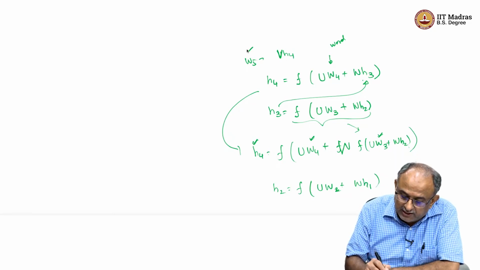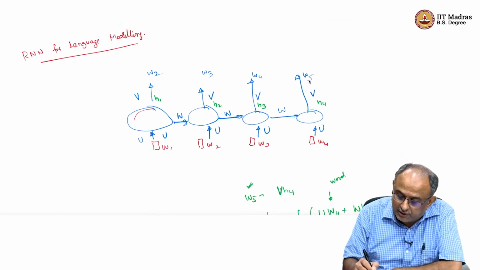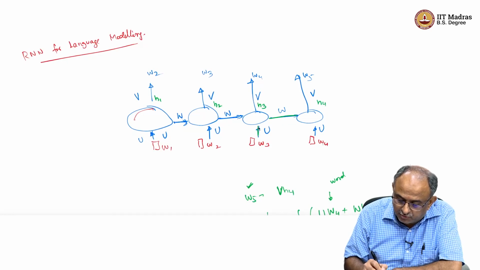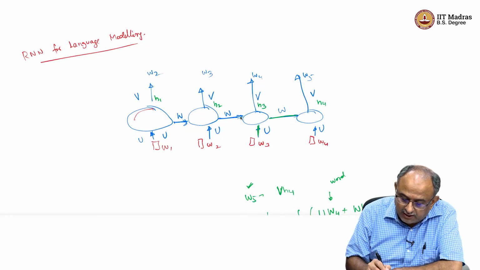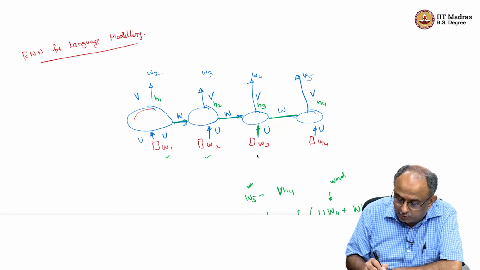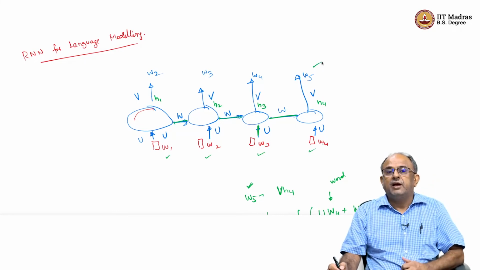So W5 will not only depend on W4; W1, W2, W3, W4, all of them will influence W5.